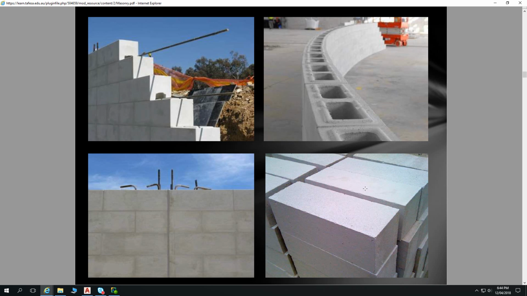You also get some concrete blocks that are interlocking, so they lock onto the other concrete blocks just by a bit of a toothed mechanism at the top for making retaining walls. Different colours added to the concrete, so you've got some really dark grey ones, some really light sandy ones.